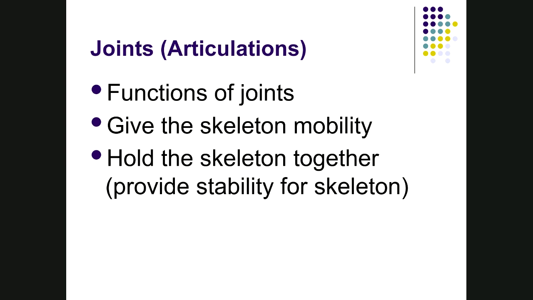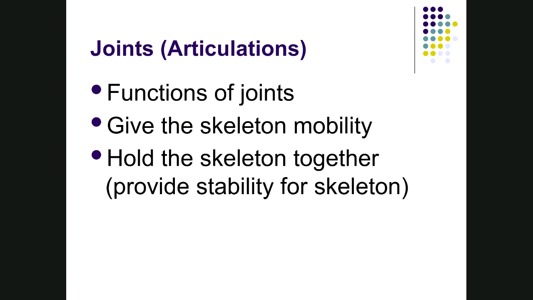Well, if you think about why we have joints, joints are all about movement. If you just had one solid bone as your skeleton, it would be very, very strong. It would be very, very supportive. But there would be no movement because movement happens at the joints. So the primary function of joints is to give the skeleton mobility.